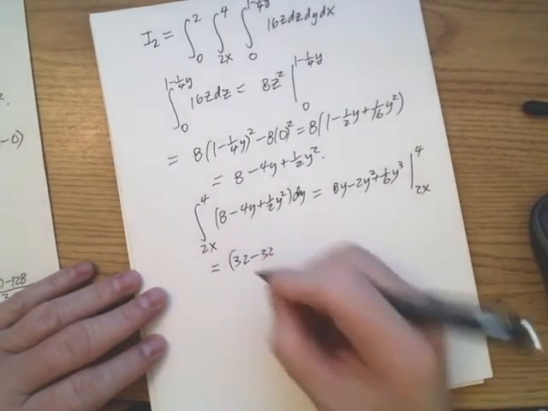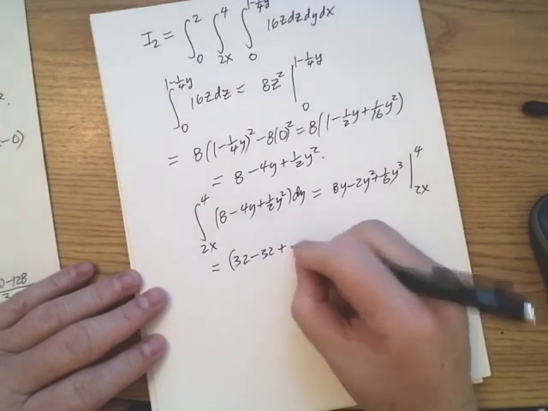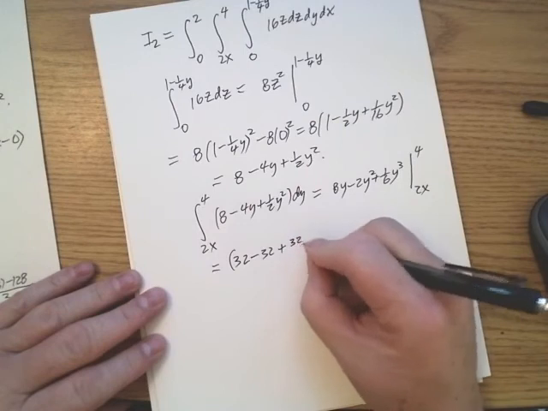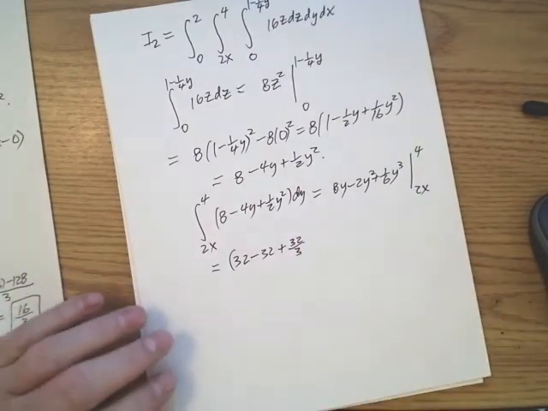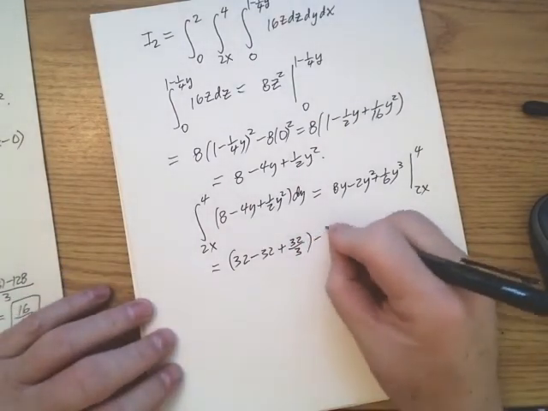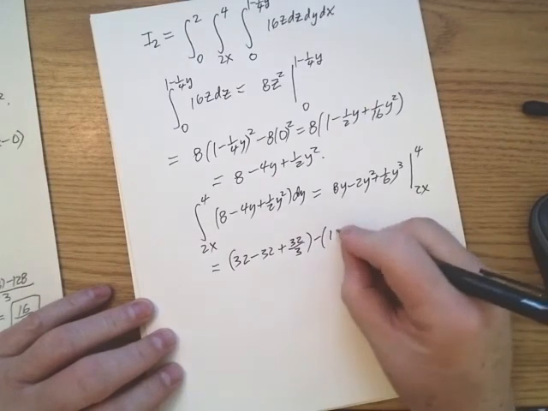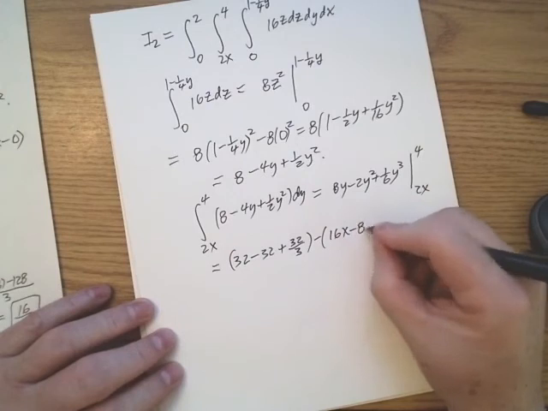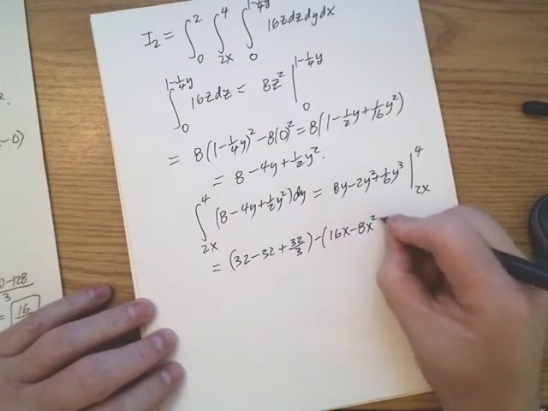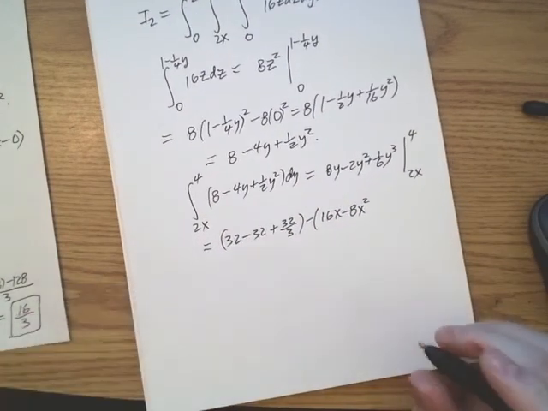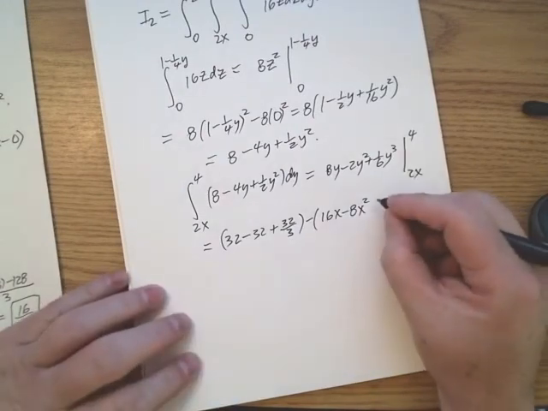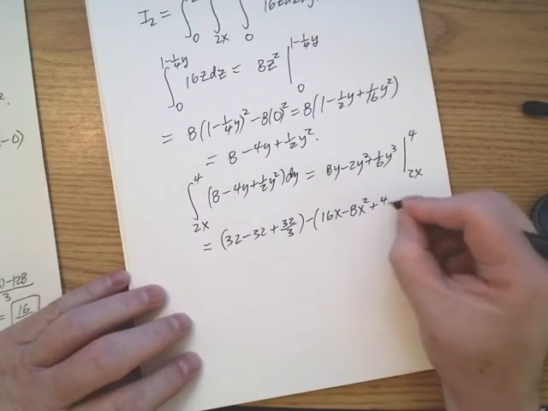That's nice. 4 cubed is 64, so that's 64 over 6, which is really 32 over 3, isn't it? Okay, and then I'm subtracting 16x, 4x squared, negative 2, negative 8x squared. Okay, what is that, 4/3 x cubed?